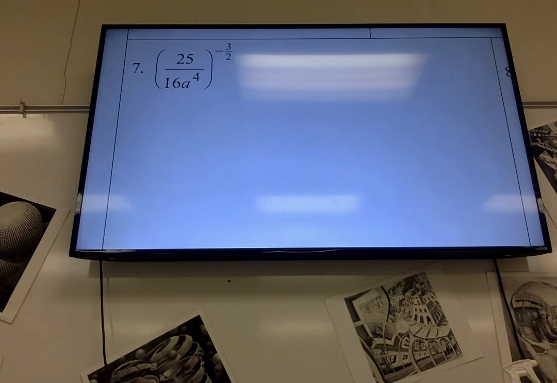I'll be honest with you, I would go ahead and flip it since there's not a whole lot inside there. You don't have to, you can flip it at the end, but there's no negative exponents or subtraction that's going to make that negative go away.